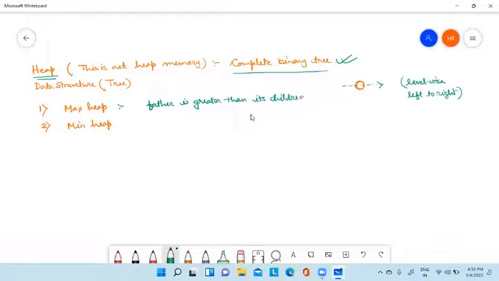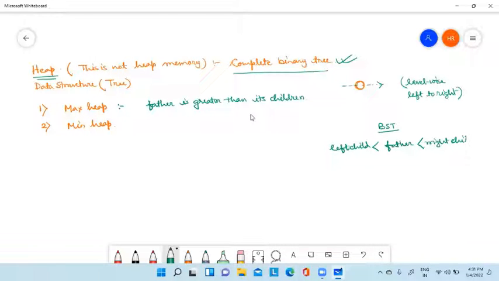Now, don't get confused with the binary search tree. In case of a binary search tree, if this is the father, then it should be greater than its left child, and it should be smaller than its right child.